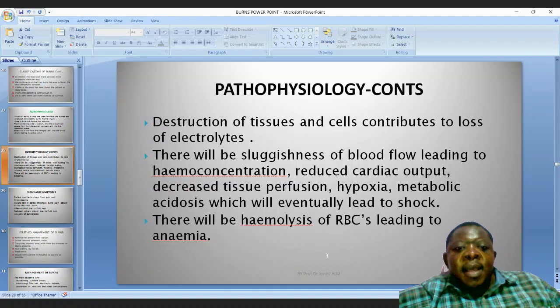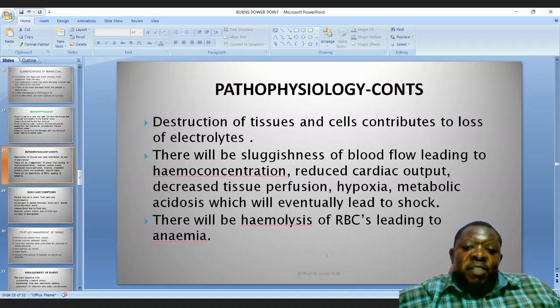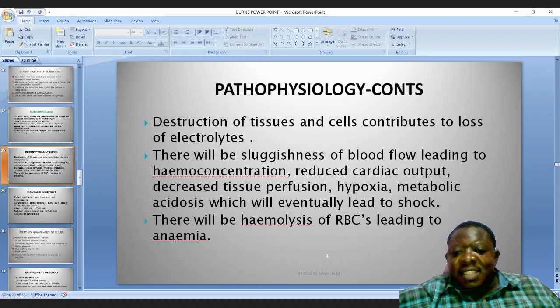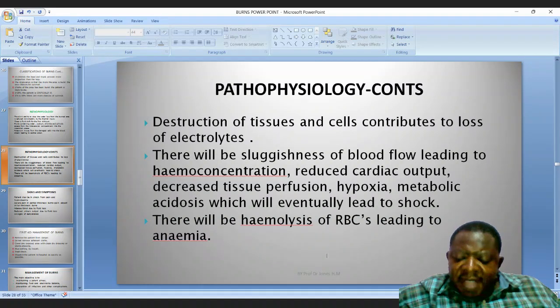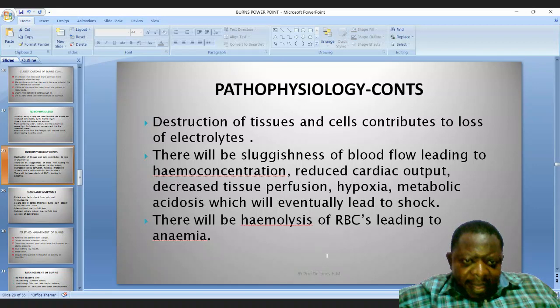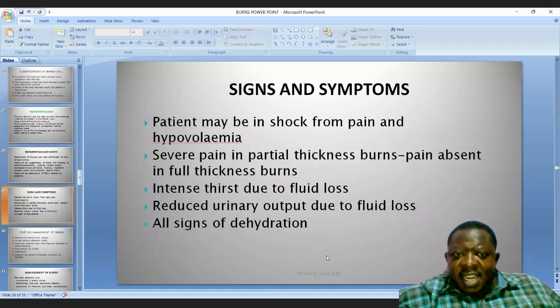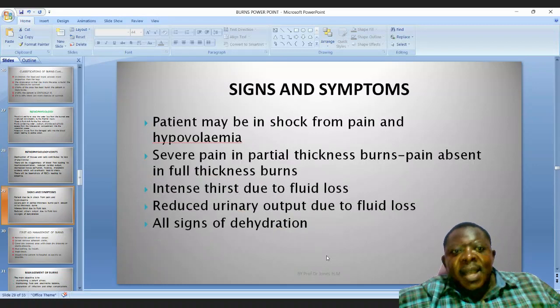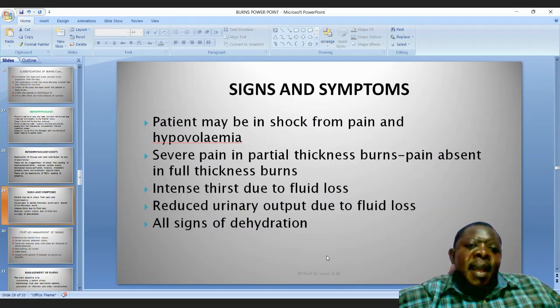The concentration of this blood also brings about destruction of red blood cells, leading to anemia. If red blood cells are destroyed, we are reducing the oxygen carrying capacity. So that's what we can say about the pathophysiology of burns.